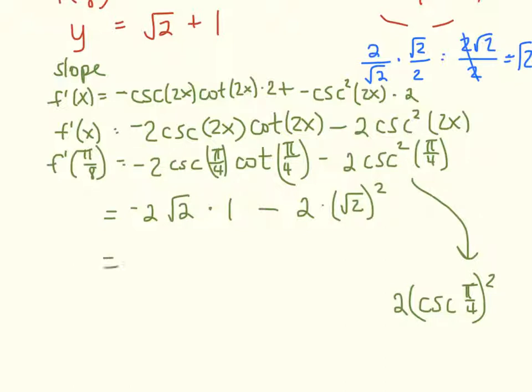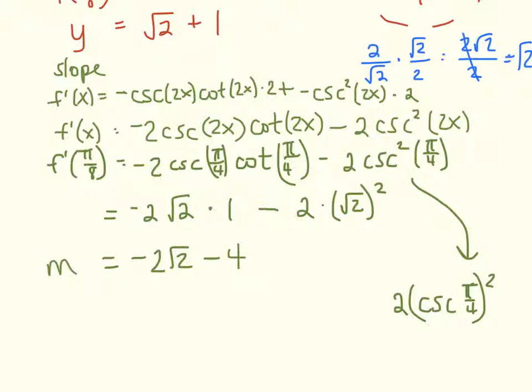So your slope here would be negative 2 radical 2, and then minus, radical 2 squared here is going to be 2, times your 2 is going to be minus 4. And so our slope, our m value, is negative 2 root 2 minus 4.